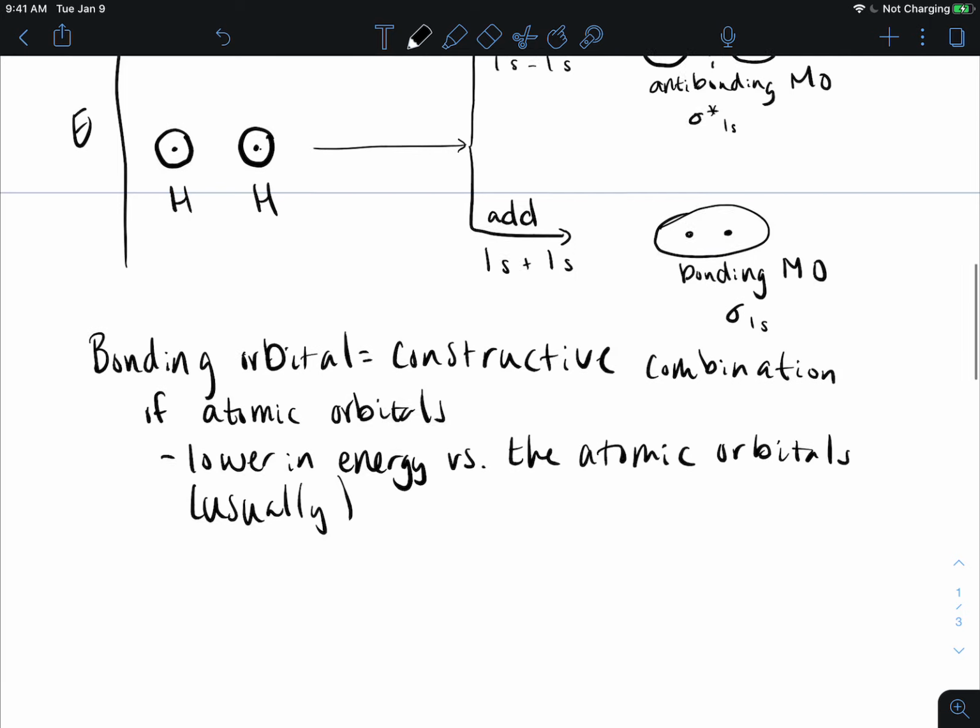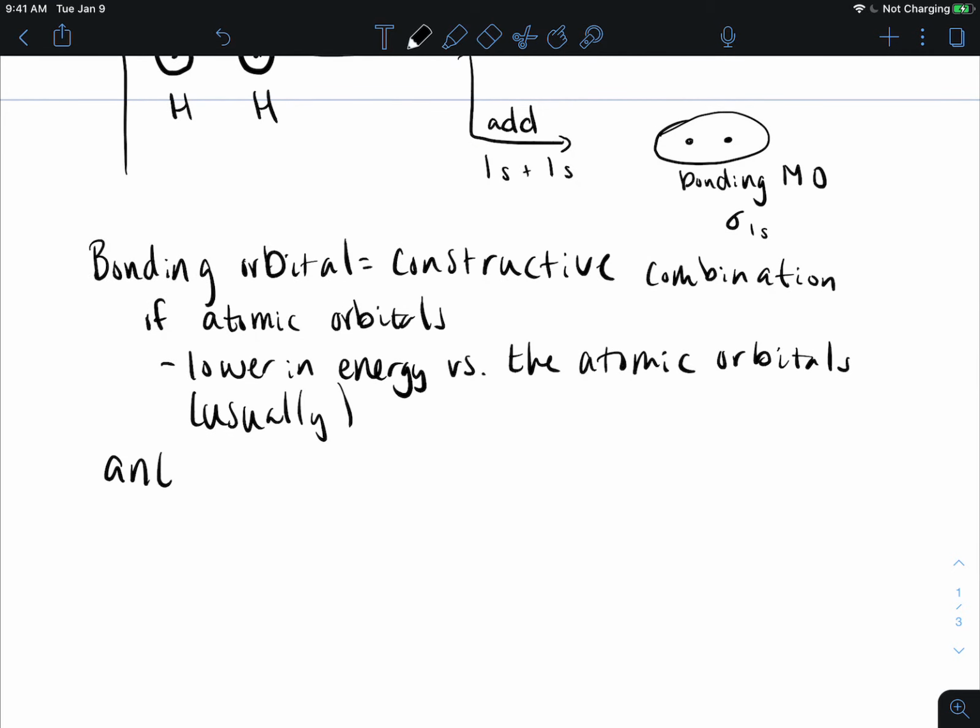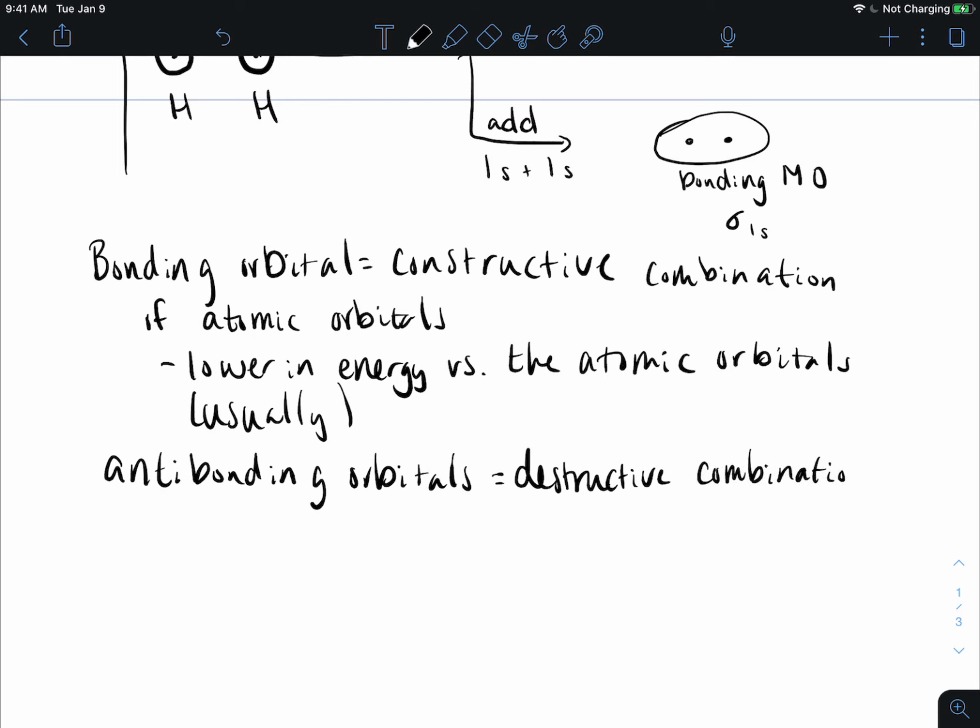And then our antibonding orbitals. This is a destructive combination of atomic orbitals. This is going to be higher in energy.